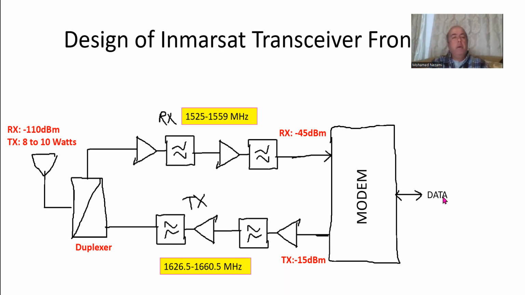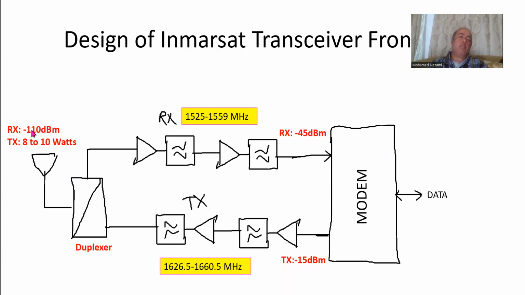All right. So today we've got a BGAN modem. The modem in this case is specified with the modulator putting out minus 15 dBm, and a demodulator that needs minus 45 dBm.